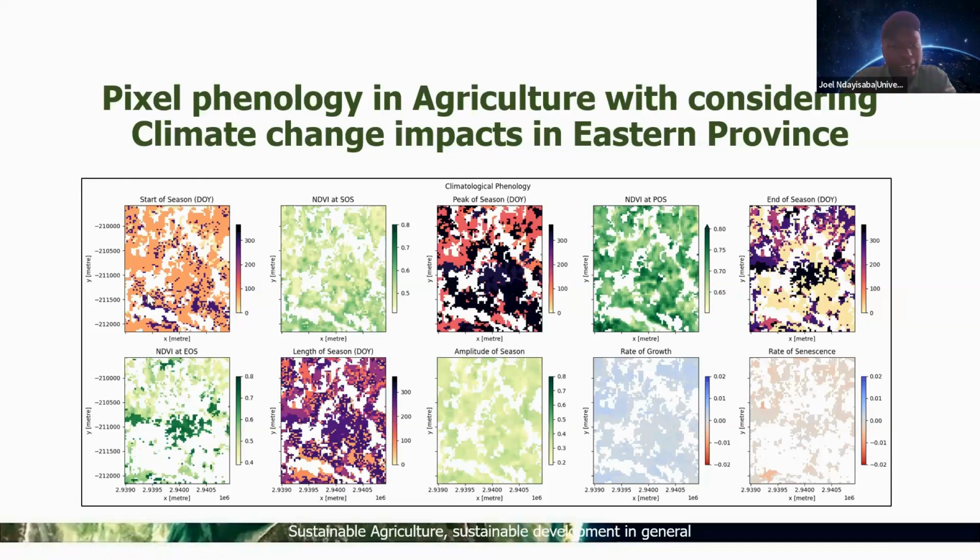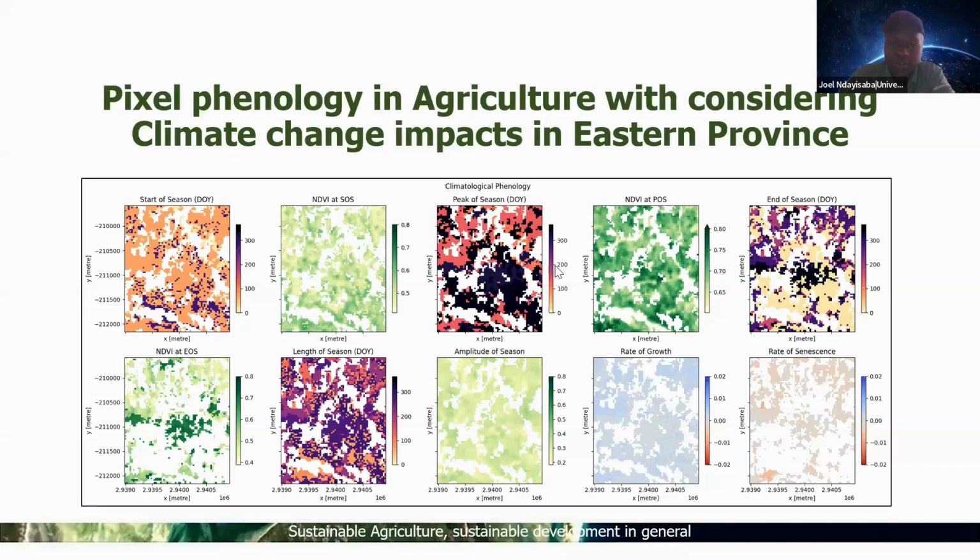But as you see here on the NDVI, at the start of season the NDVI values come low, but at the peak of season the dark has now increased compared to the light. You can observe it on the NDVI at peak of season, where our NDVI reaches 0.8.